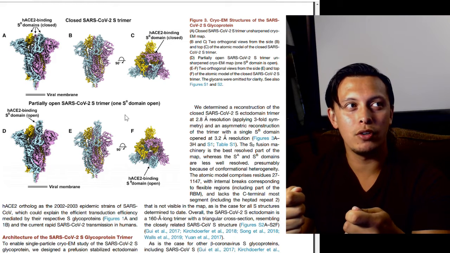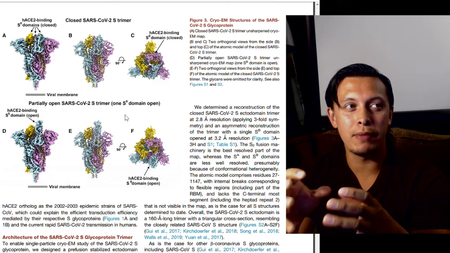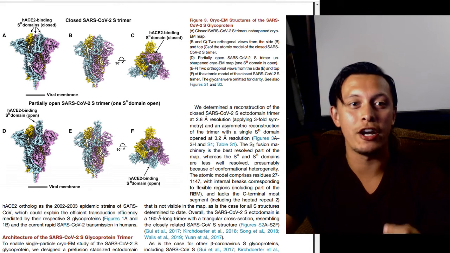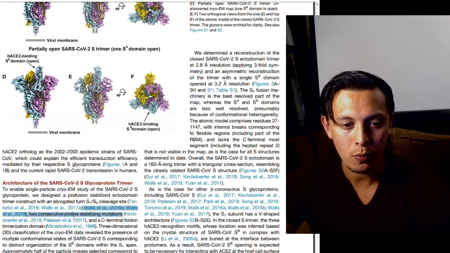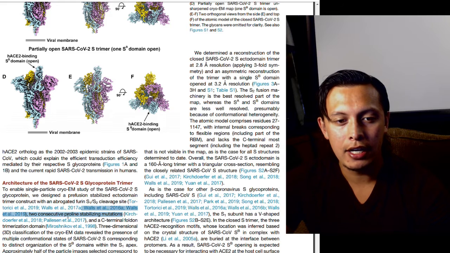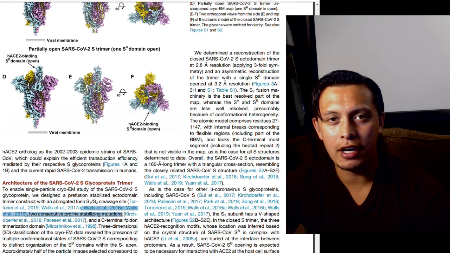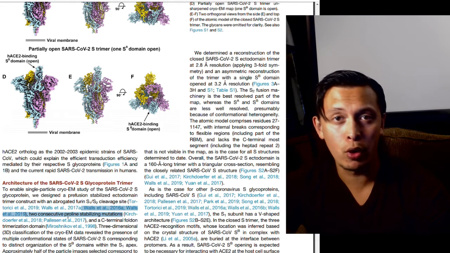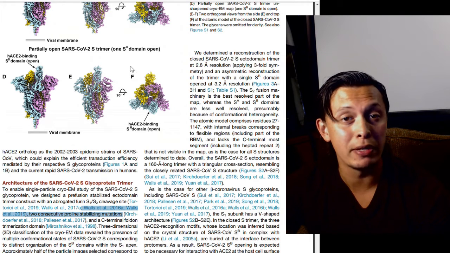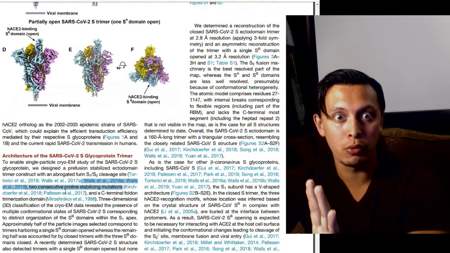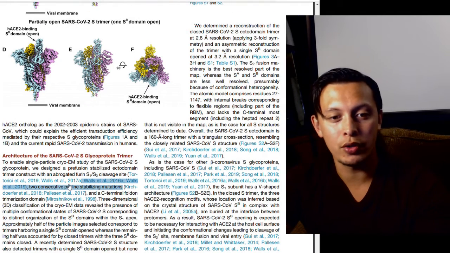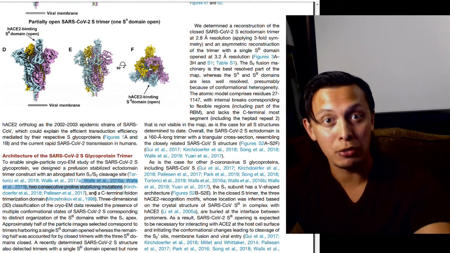I guess you could argue that it gives better resolution to the entire structure, so it's less floppy, if you will, because prolines are a very restrictive amino acid, and the more prolines you have, the less freedom of movement the protein has in those particular locations, as a general rule of thumb. So they put 2 consecutive proline stabilizing mutations in order to accomplish this.